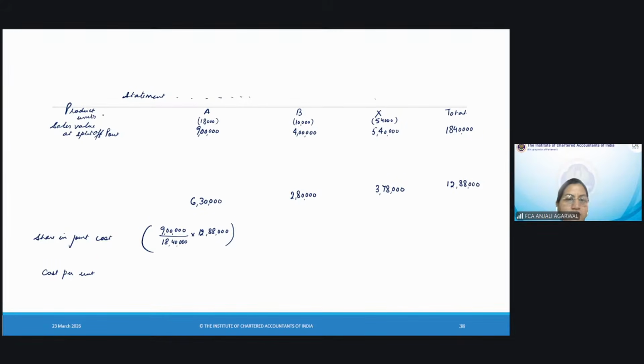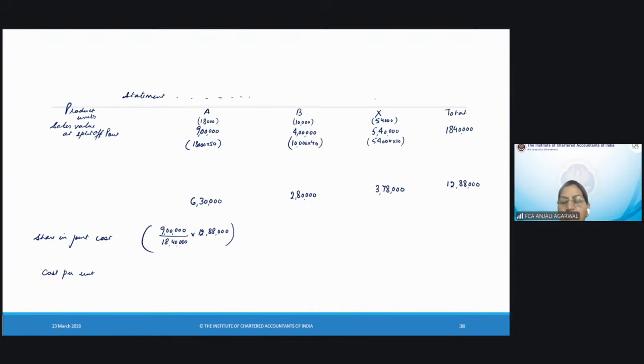You can show your workings here properly: units, sales price at split off point, multiply the two, and then you will get this answer. 18,000 into 50, 10,000 into 40, and 54,000 into 10.